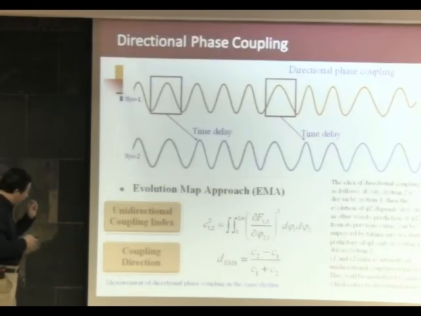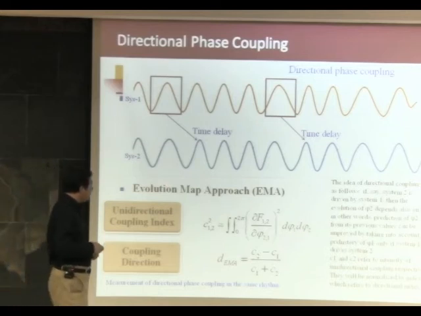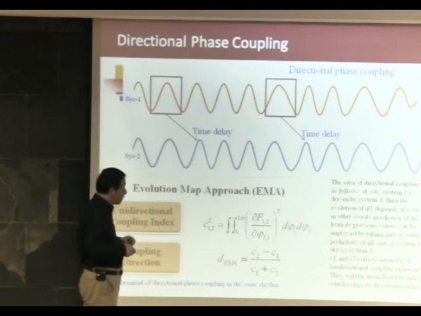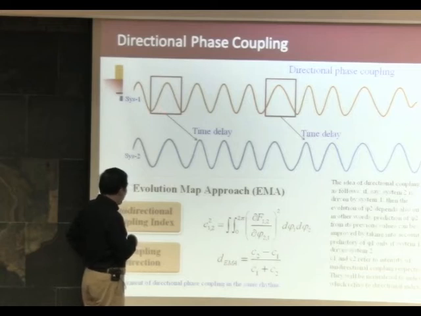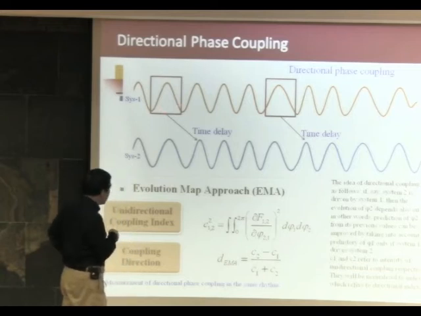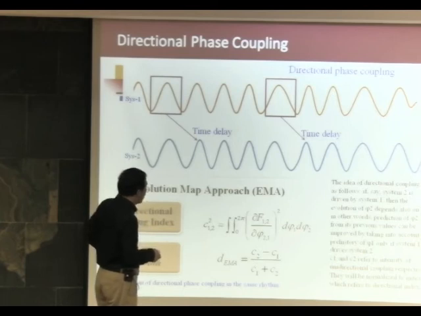Now I would like to give a little more detail on the algorithm of the EMA. The idea of directional coupling is that if, say, system 2 is driven by system 1, then the evolution of phi 2, this is a function, will depend on phi 1.